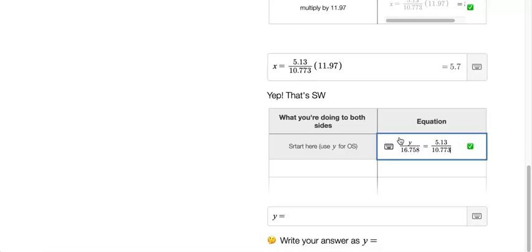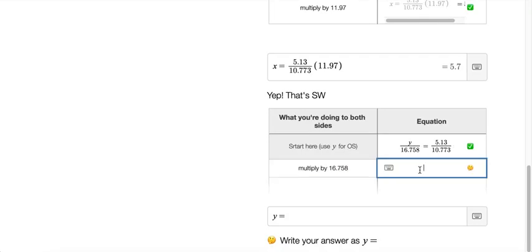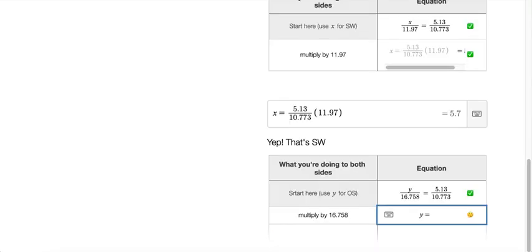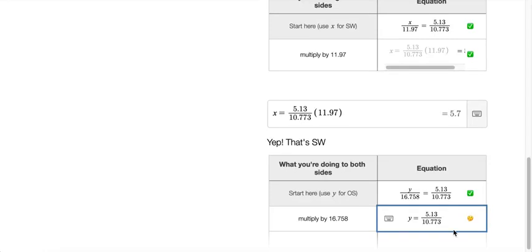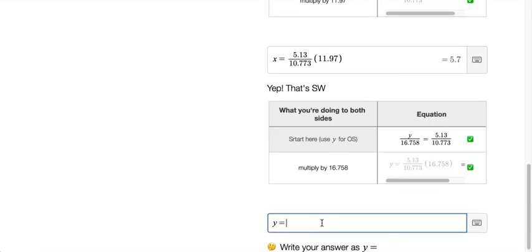Y is getting divided by something. Let's do the opposite. Multiply by whatever that something is, 16.758. Do it to the left side, y is all alone. Do it to the right side, and you've got whatever that right side was now being multiplied by 16.758. That is the value of y. Take all of it, highlight it, copy it, paste it here.